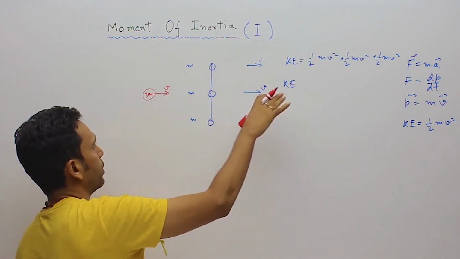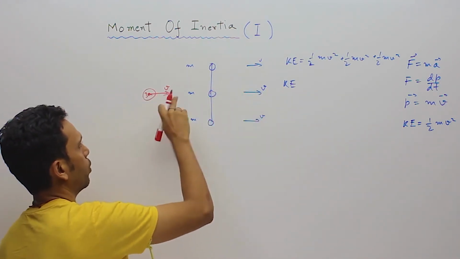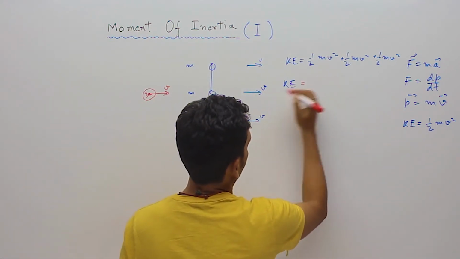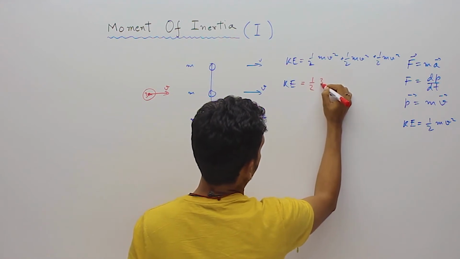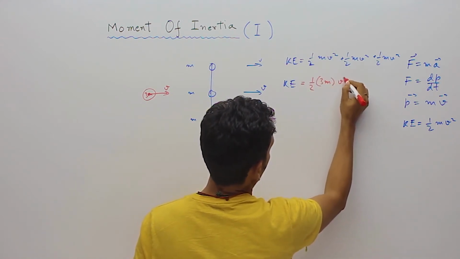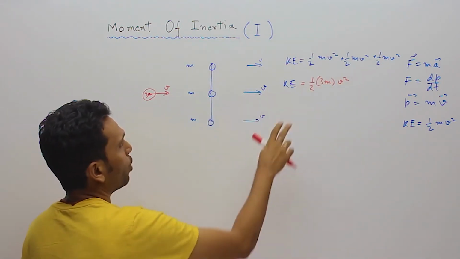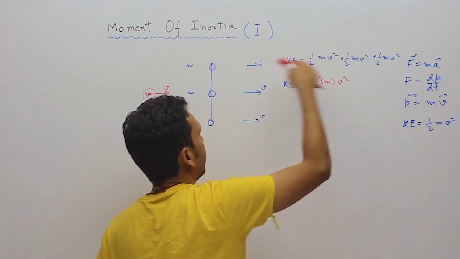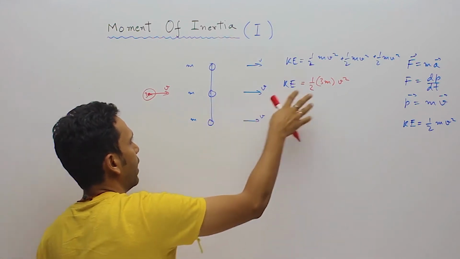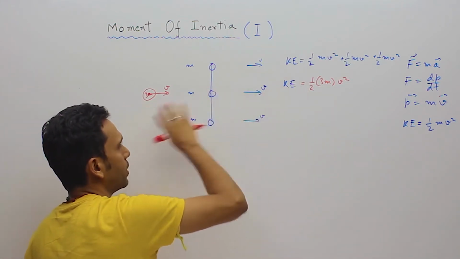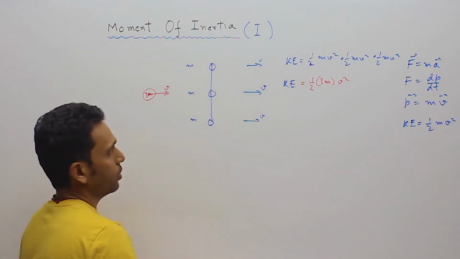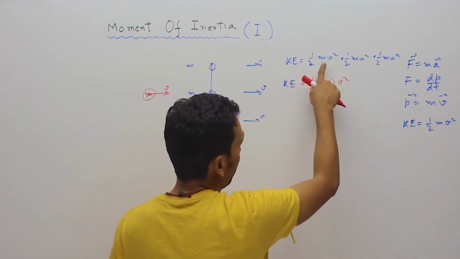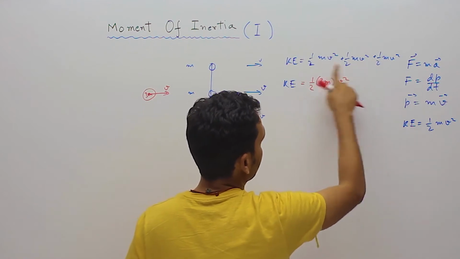The center of mass is going with VCM, which is v forward, and the mass itself is 3m. In that case, what would have been the kinetic energy? Half 3m v square. Now what is the difference between this answer and this answer? Here I have been very careful in writing the energy of each mass, and here I have used the concept of center of mass and just written it in one go. This looks very convenient to write, and this isn't, and both are giving you the same answer.